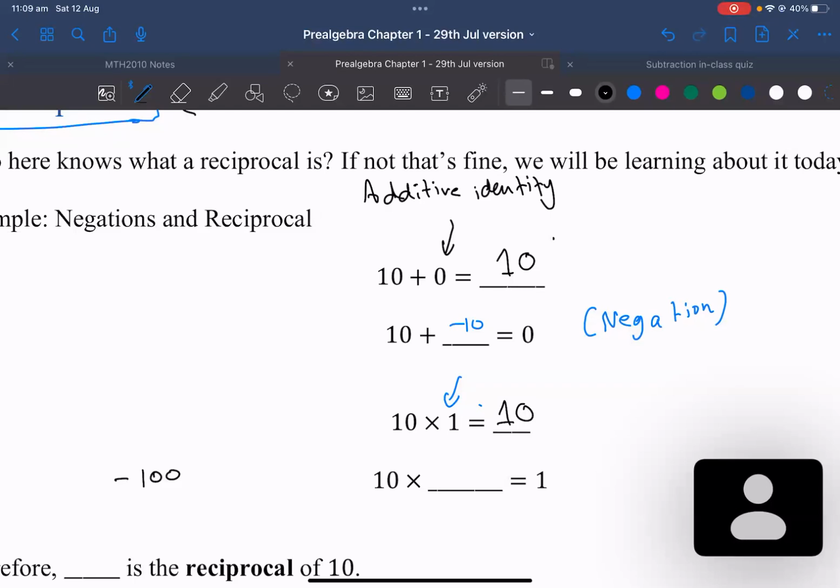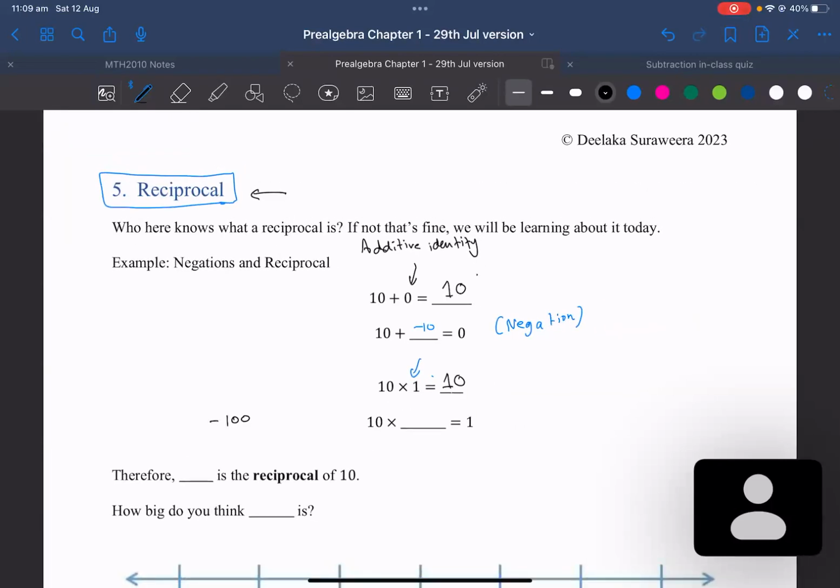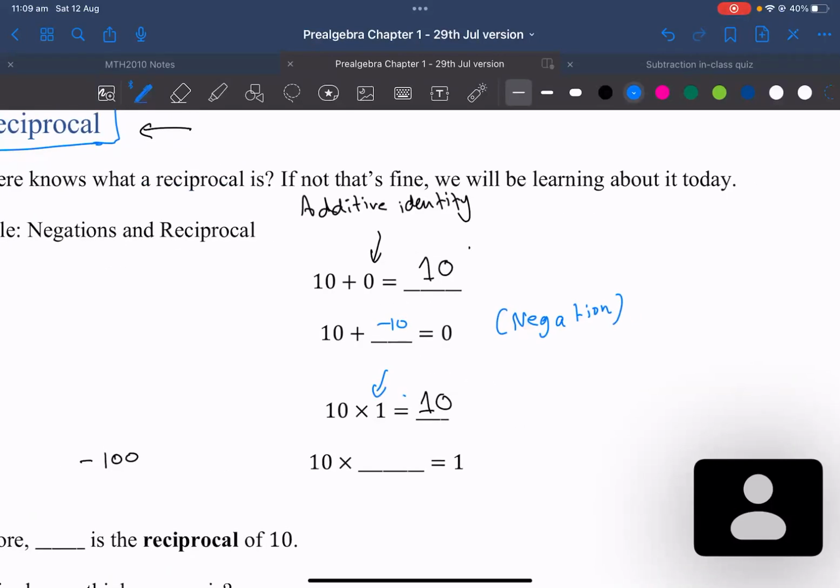So it's a number between 0 and 1, so it can't be a whole number. All the whole numbers are bigger than 1. So we have to come up with a new number. We're going to call it 1 over 10.